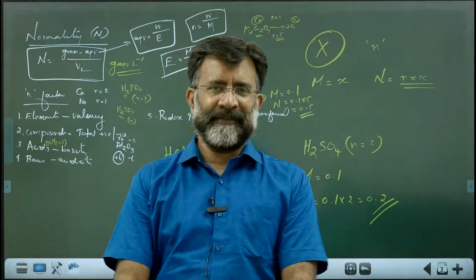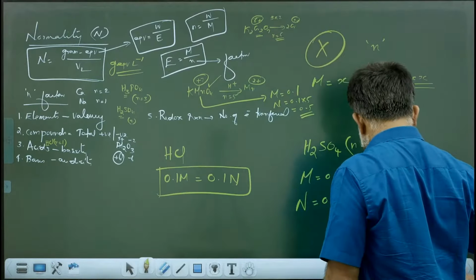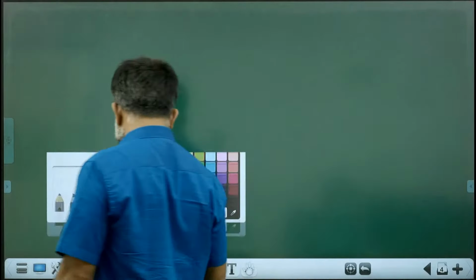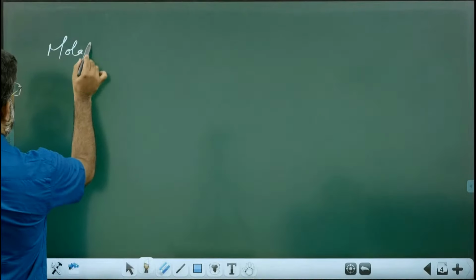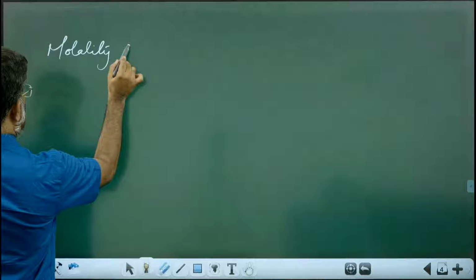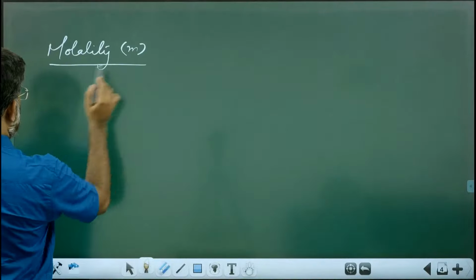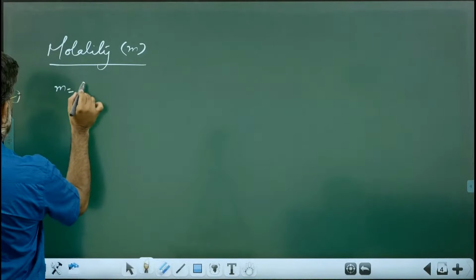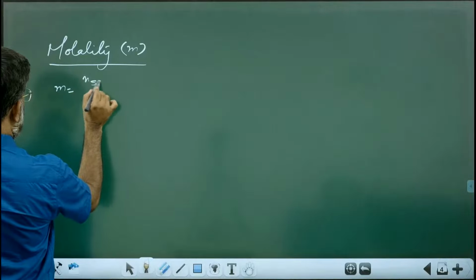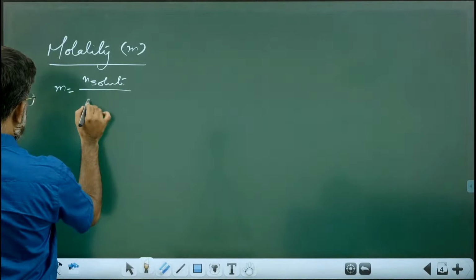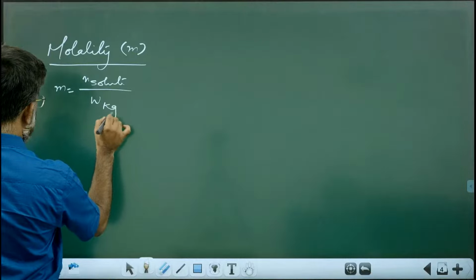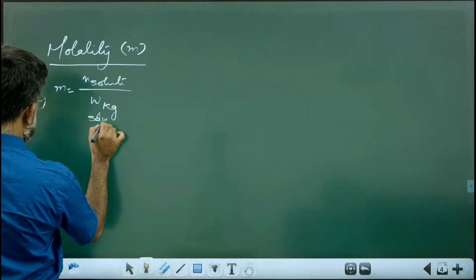Is it clear? Now the next concentration term is molality. Molality is small m. What is molality? Molality m is equal to number of moles of solute in 1 kilogram of solvent, that is, divided by the weight of solvent in kilogram.